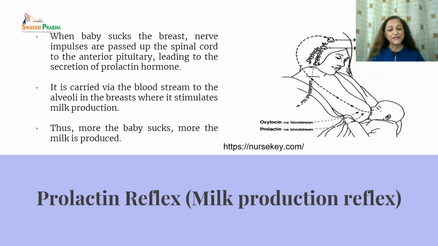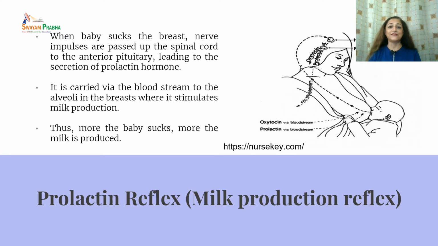When the baby sucks the breast, nerve impulses are passed up the spinal cord to the anterior pituitary. This leads to secretion of prolactin hormone, and it is carried via the bloodstream to the alveoli in the breast, where it stimulates the milk production. Thus, the more the baby sucks, the more milk is produced.